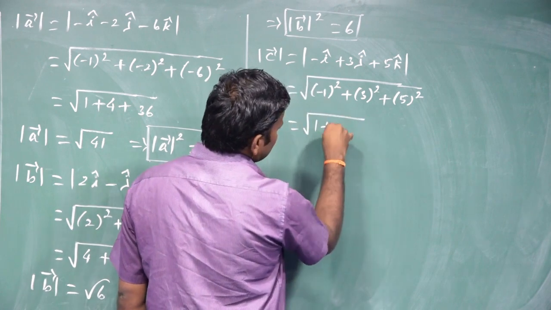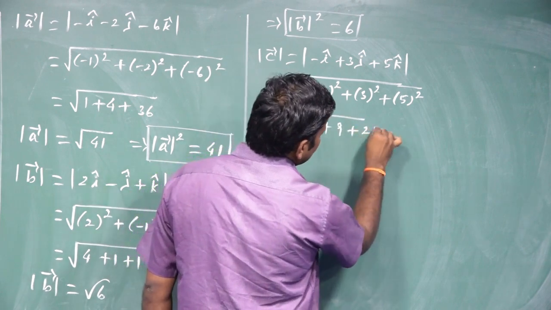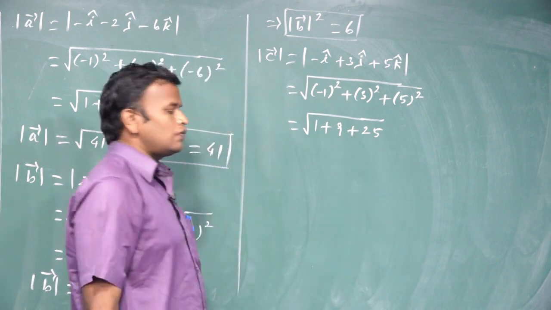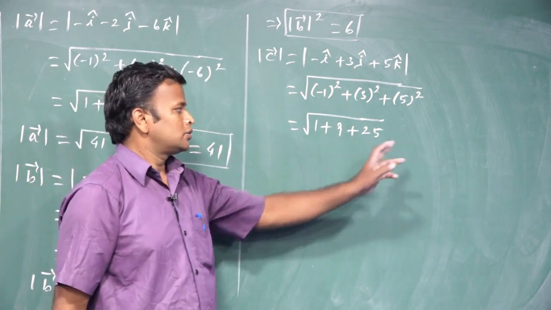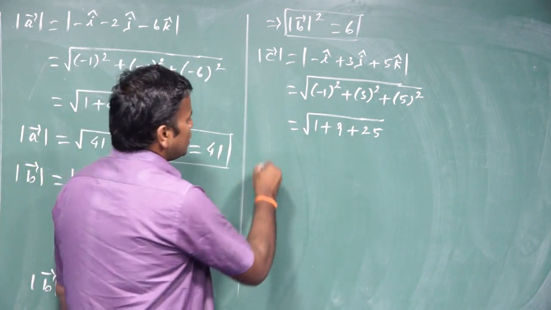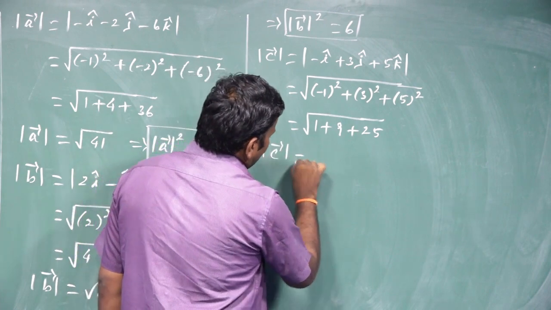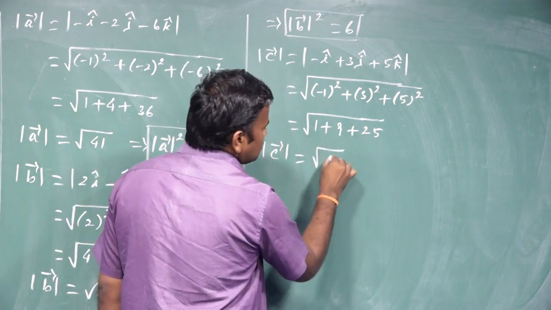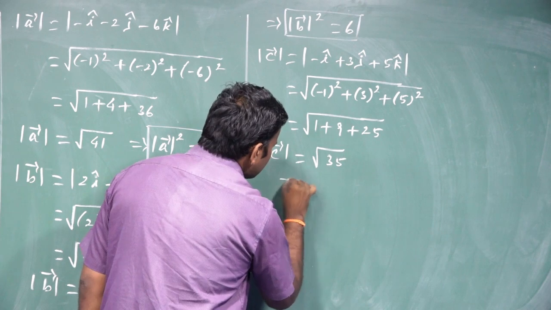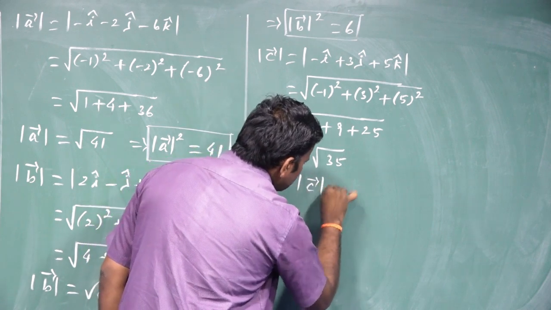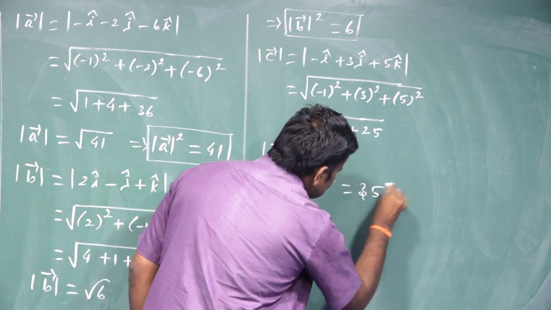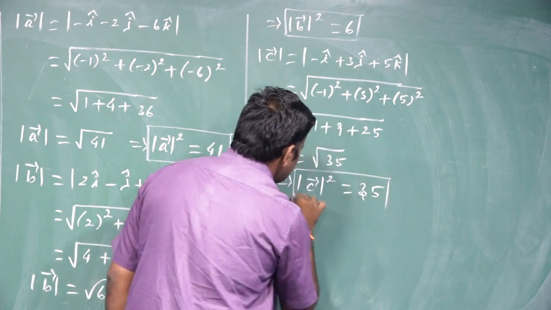Square root of 1 plus 9 plus 25. We add. The final answer is root of 10 plus 25, which is 35. So modulus C vector the whole square value is equal to 35.